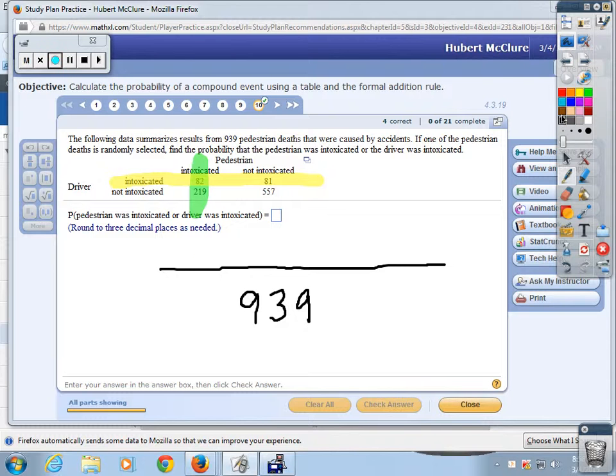And the green is going to be 82 plus 219 plus the yellow, 82 plus 81.